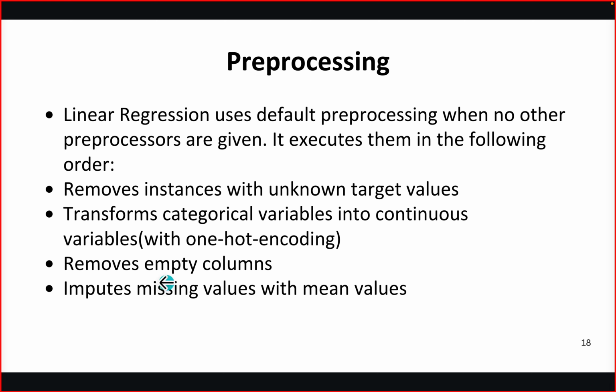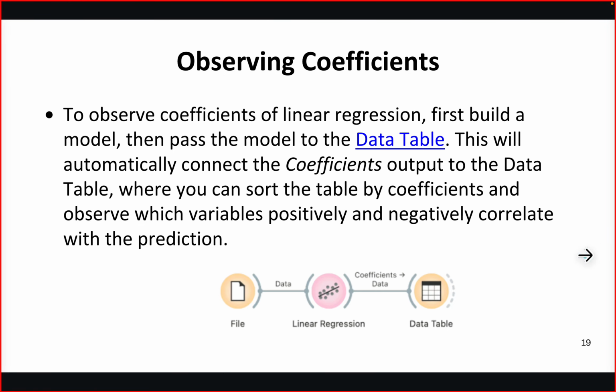Now remove the empty columns or empty variables, and also impute. You can see that it imputes the missing value with the mean value. Right, so there is a lot of work in pre-processing. Observe the coefficient. How can you see the coefficient?